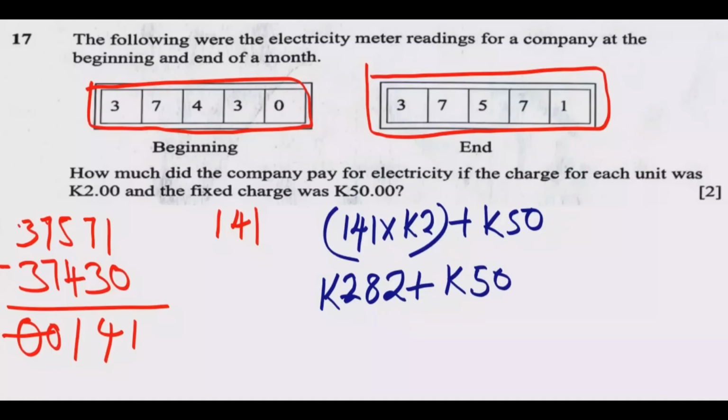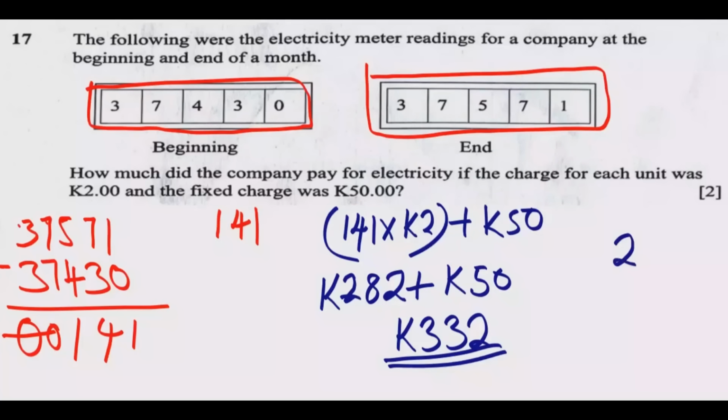For the units they used it is 282 kwacha plus the fixed charge, which is 50 kwacha. 282 plus 50 kwacha will give us 332 kwacha. This is the amount they paid. I've just used my head to add.